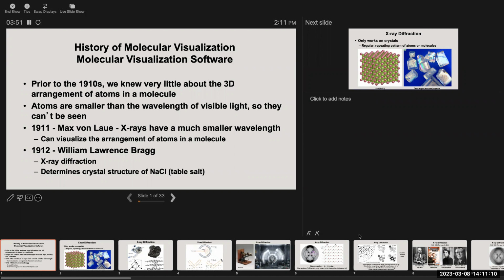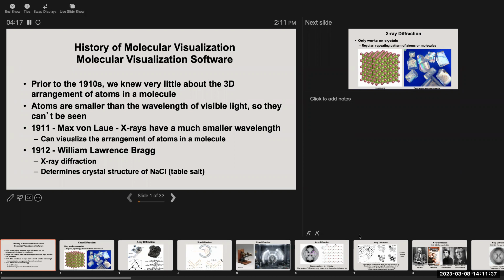And literally within months after Max von Laue published that observation and this theory that you could use X-rays to study the 3D structure of molecules, someone actually put that theory into practice and was able to determine the 3D structure of a molecule.